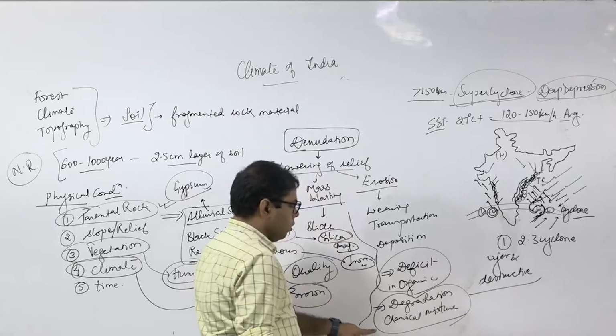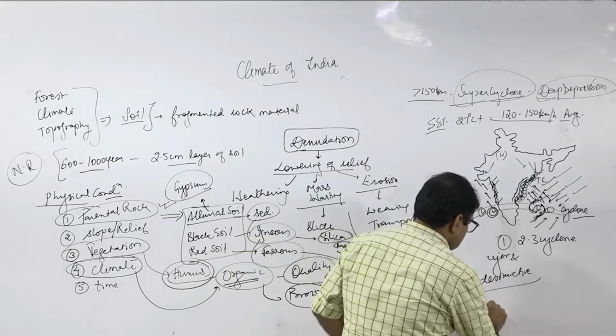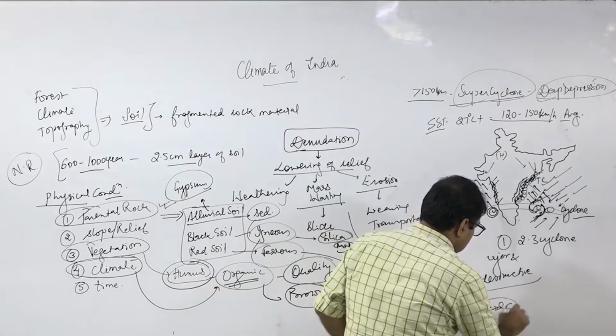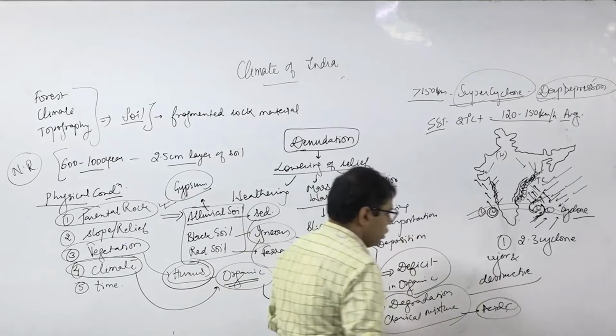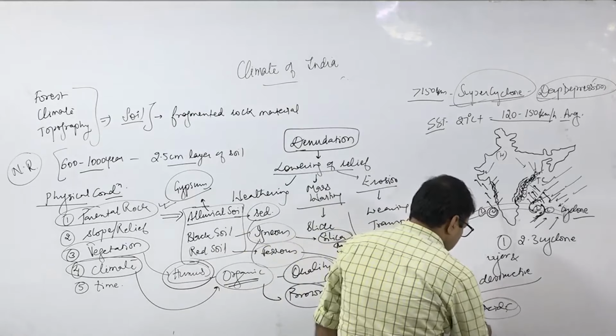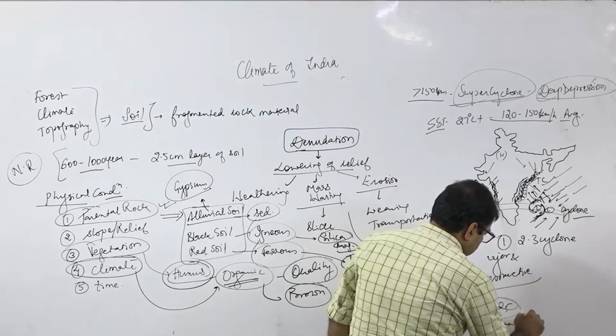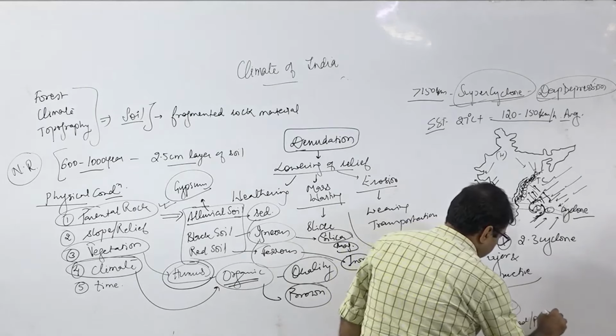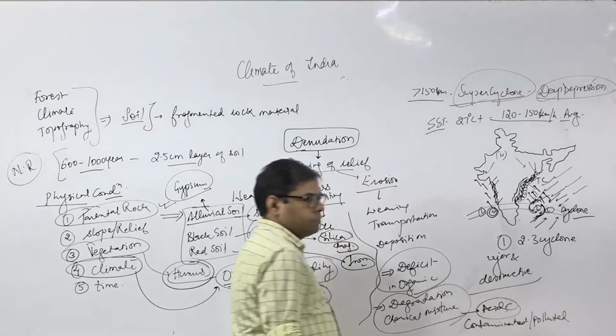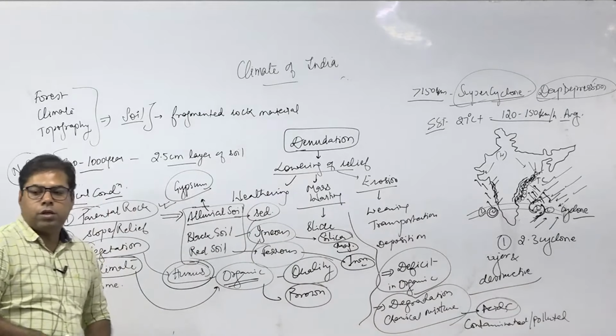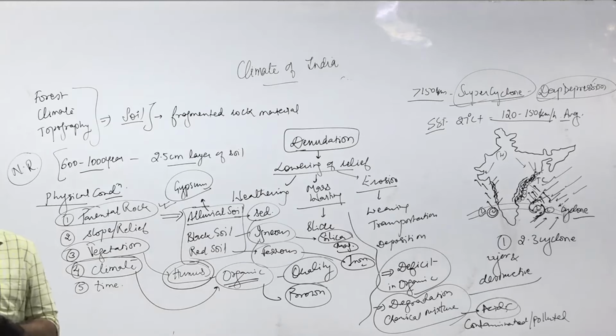So, soil is becoming acidic, or this soil is becoming contaminated or polluted because of discharge of minerals or discharge of chemicals in the soil. Clear?